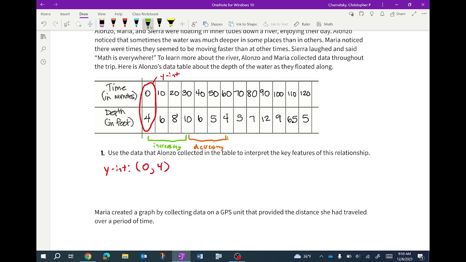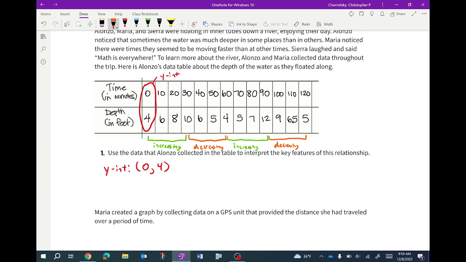And then we're increasing again, all the way up to 12 at 90 minutes. And then we decrease the rest of the way. So one thing I notice here is that it's never constant. It's always either increasing or decreasing in this particular case.